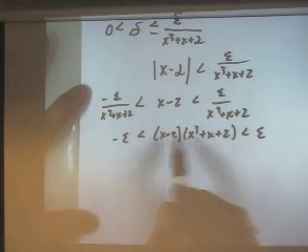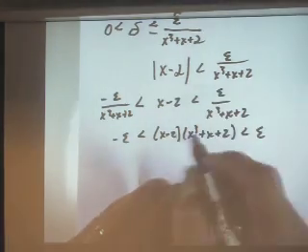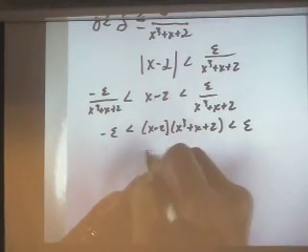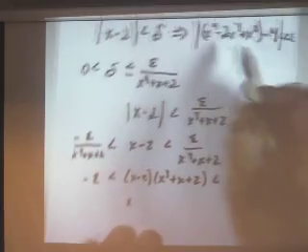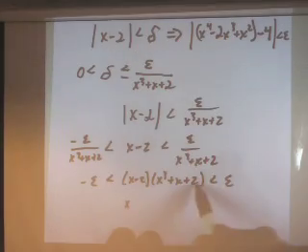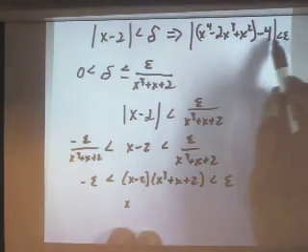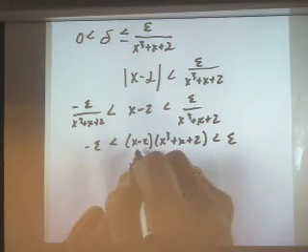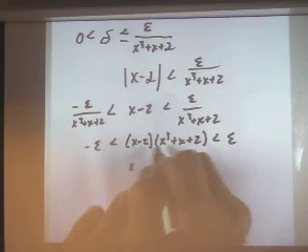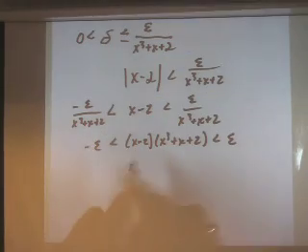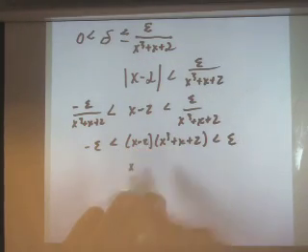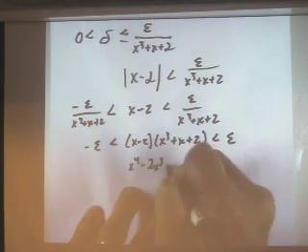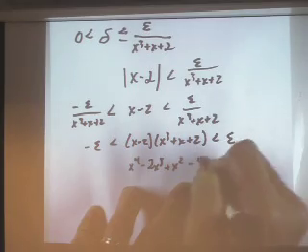Now, this times this gives me this polynomial here. That's why I chose this, because I knew this cubic was a factor of the polynomial inside the absolute value bars. So I know that x minus 2 times this, and if you want to verify that, you can get out some scratch paper and multiply x minus 2 times this cubic, and you will get x to the fourth minus 2x cubed plus x squared minus 4.